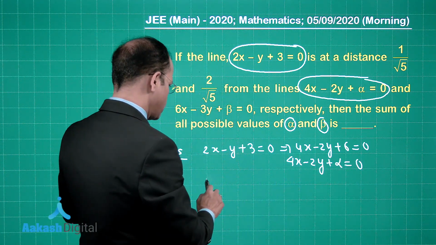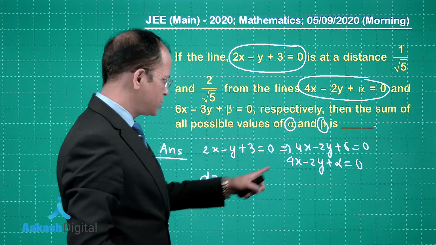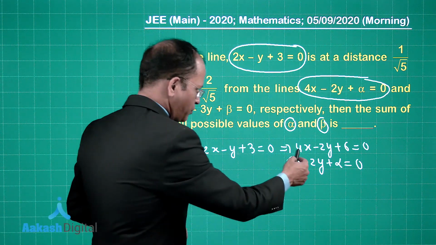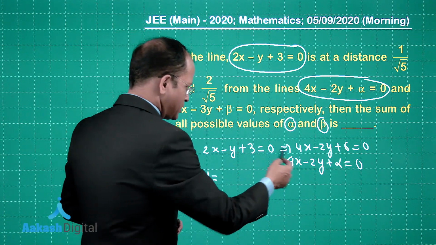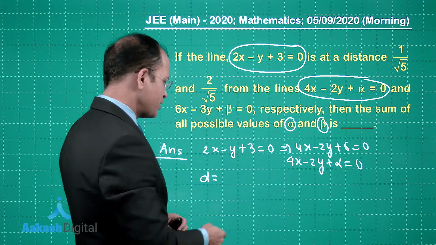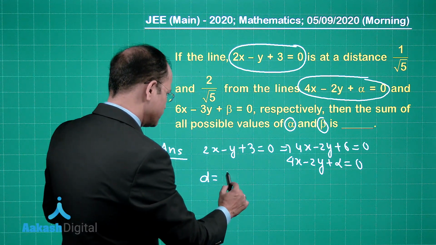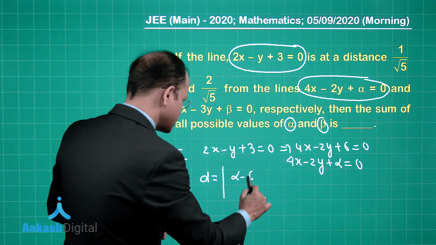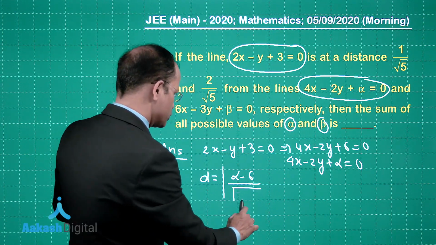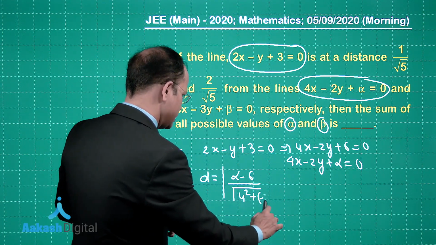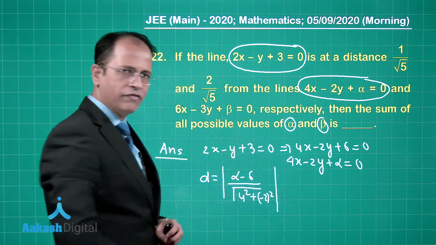So if I talk about the distance between the parallel lines, you can see these are the parallel lines we have. A1 by A2 is equal to B1 by B2 is not equal to C1 by C2, right? So we can take D is equal to alpha minus 6 divided by the square root of 4 square plus minus 2 square, right? So this is what we have, fine.